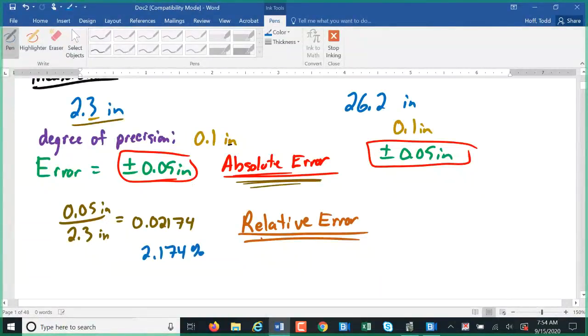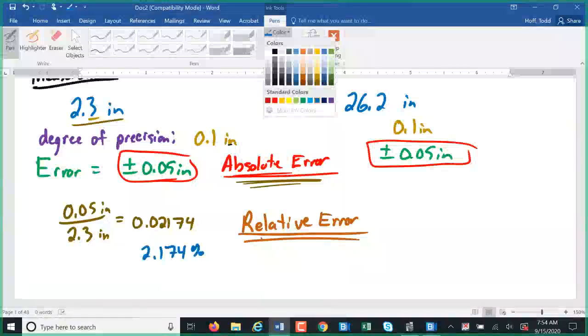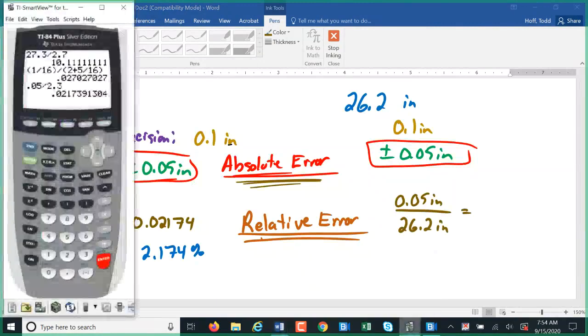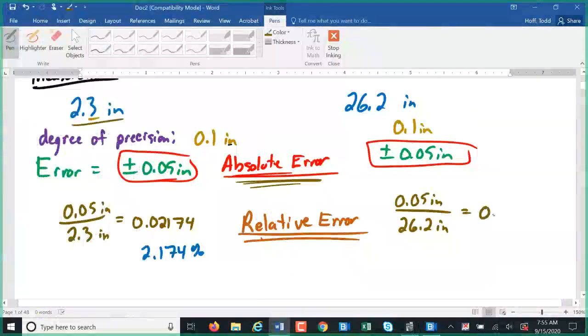More than 2% is probably not acceptable. On the other side over here, we've got the 0.05 inches as our error over 26.2 inches. That gives us 0.00191. If I convert that to a percent error, it's 0.191%.